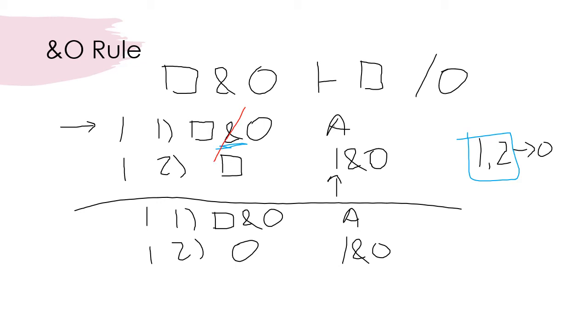We're saying we're going to get rid of the ampersand. That's the out part of ampersand out. We're getting rid of this ampersand and we're going to take one of the sides. We're either going to take the left side or we're going to take the right side. The same rule is going to get cited in both instances, and the same line number is going to get cited in both instances because that's where it's coming from.